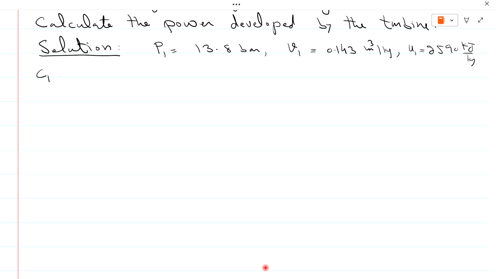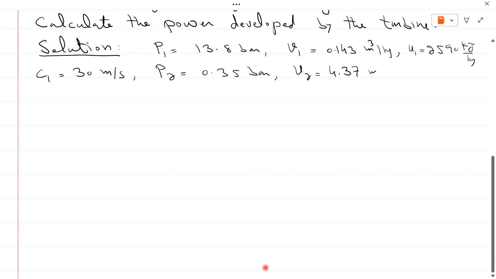Initial velocity C1 is equal to 30 meter per second. Final pressure P2 is equal to 0.35 bar. Final volume V2 is equal to 4.37 meter cube per kg. Internal energy at exit U2 is equal to 2360 kilojoule per kg.